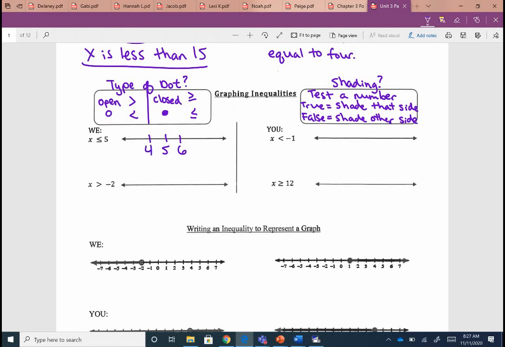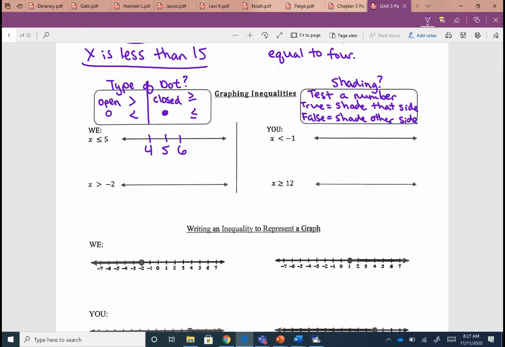That's all I'm going to ask. But you have to make sure those numbers that you pick are correct, though. 4 is smaller than 5, so it goes to its left. 6 is bigger than 5, so it's on the right. So if I ask you to make your number line for these, 3 numbers is all I need: the number that's part of the inequality, and one on each side.